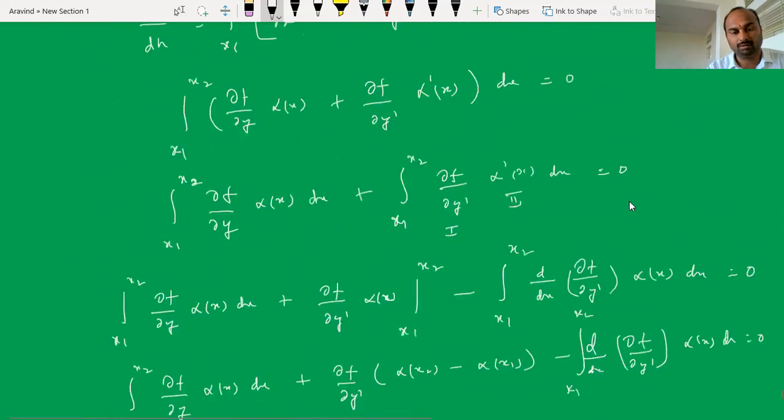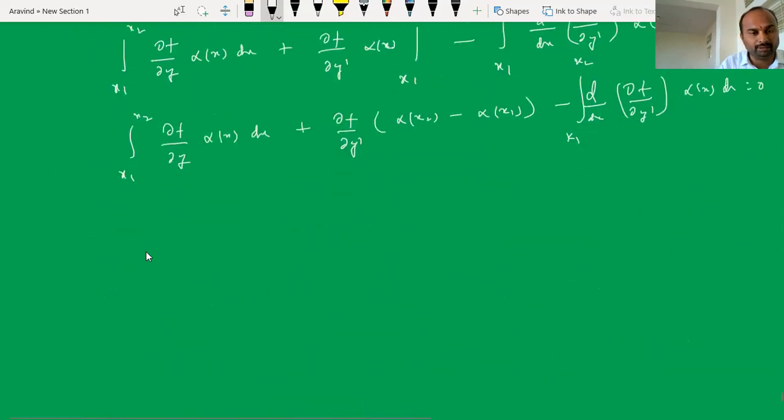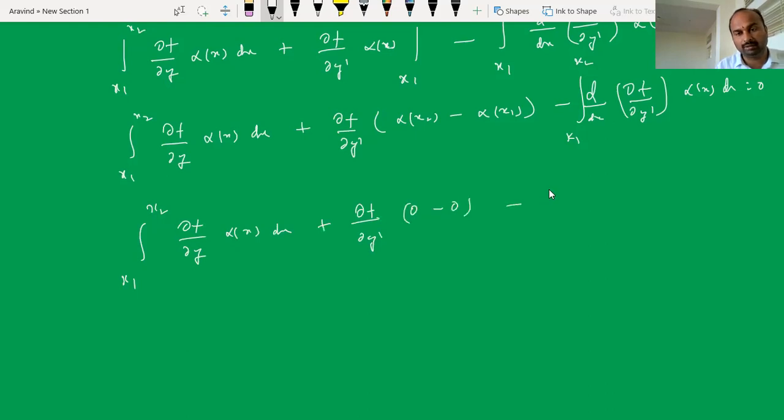So here what we will get is the integral from x1 to x2 of ∂f/∂y into α(x) dx plus ∂f/∂y' times this, which is also 0, minus the integral from x1 to x2 of d/dx of ∂f/∂y' into α(x) dx equals 0.